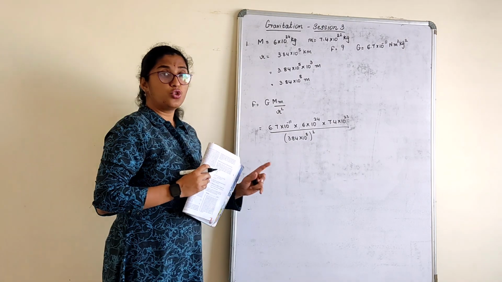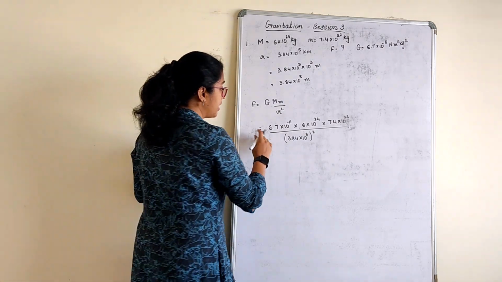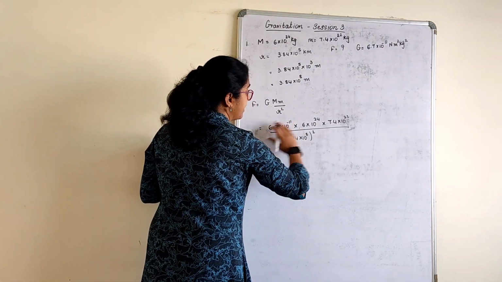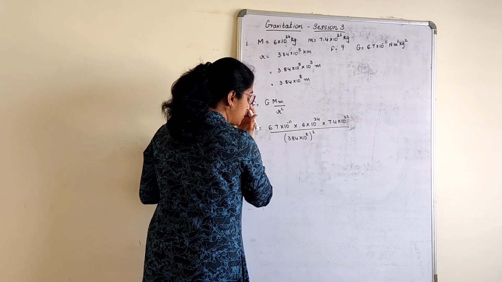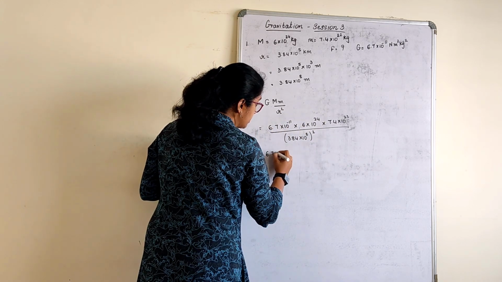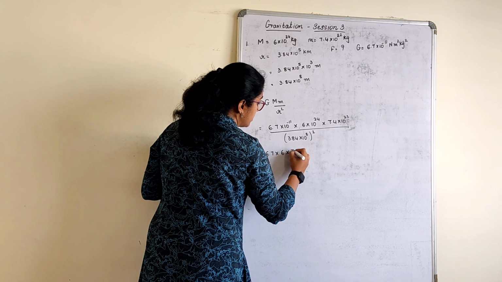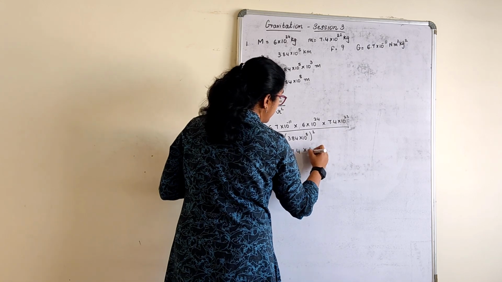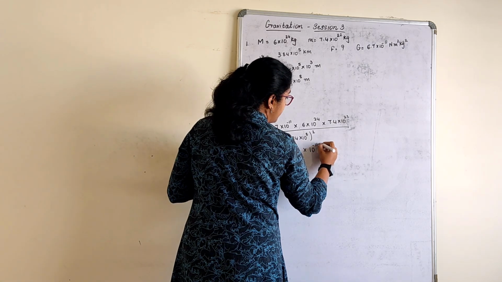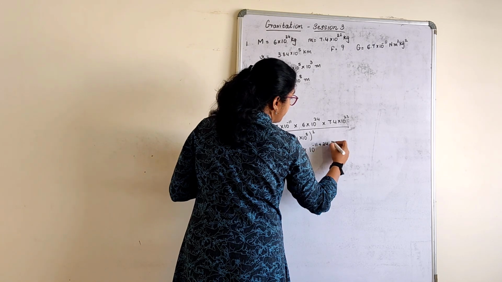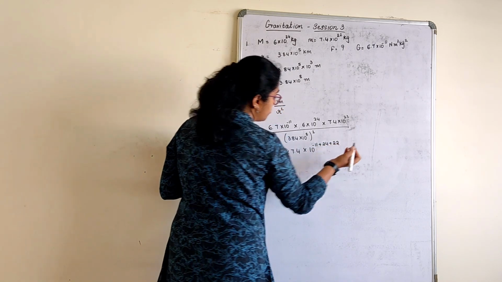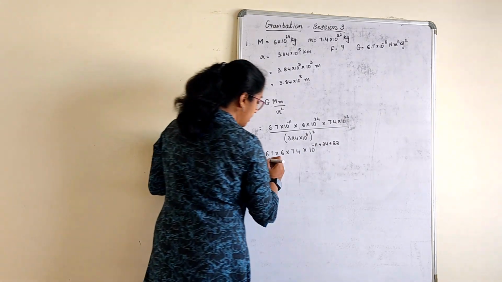Now, I'll just show you how to simplify this sum. First, let us segregate the numbers and the exponent part to the other side. 6.7 into 6 into 7.4 into 10 raised to minus 11 plus 24 plus 22. Is this correct, what I have done?